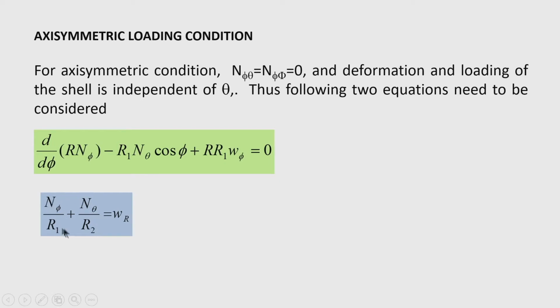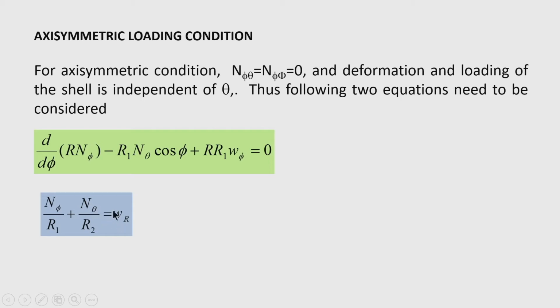This equation fortunately was an algebraic equation, no derivative expressions or derivative quantities are involved in the third equation, that is, the equilibrium equation along the radial direction. So, it is a simple equation: N phi by r 1 plus N theta by r 2 equal to W r.